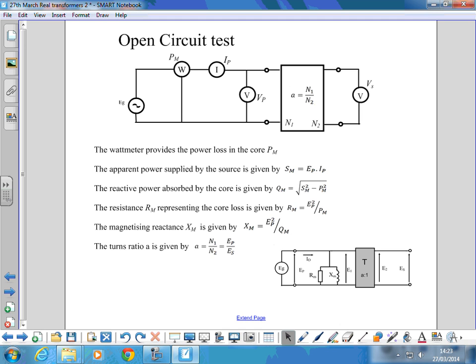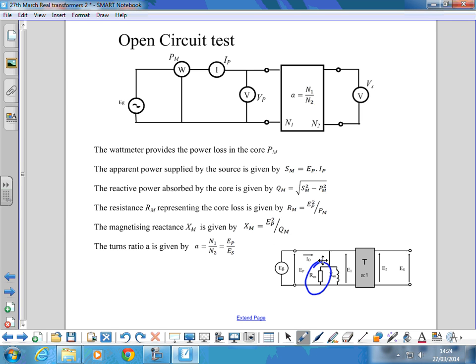We can then use that value, PM, with our applied primary voltage to calculate the value of RM, the resistor in here, this one.